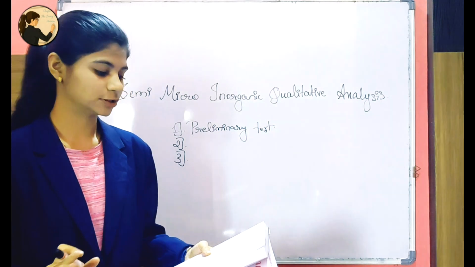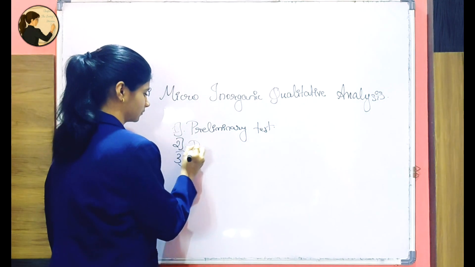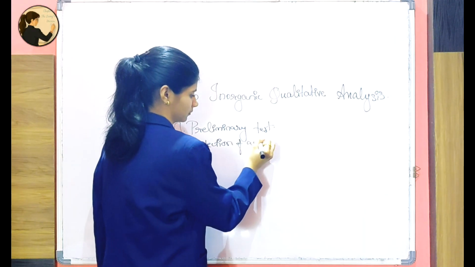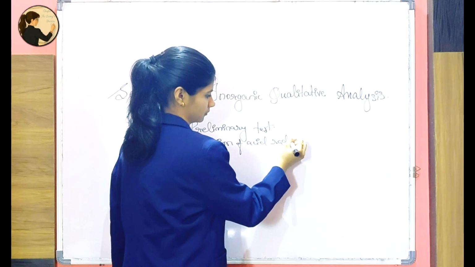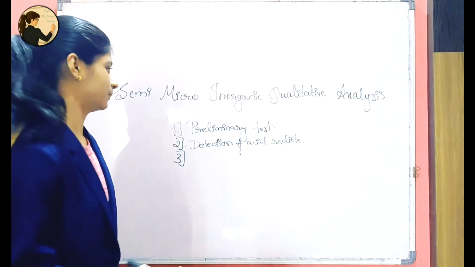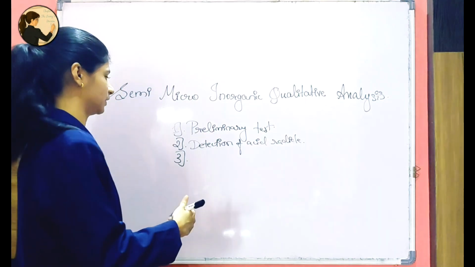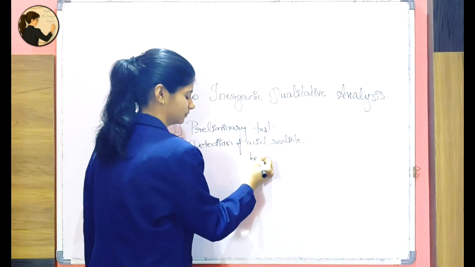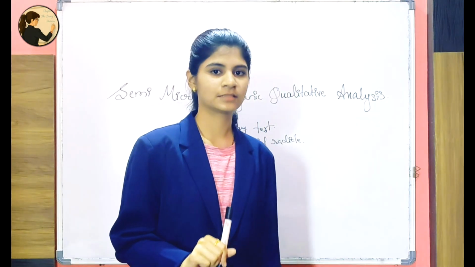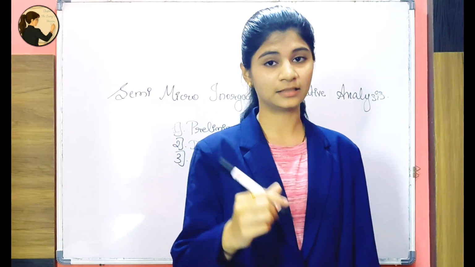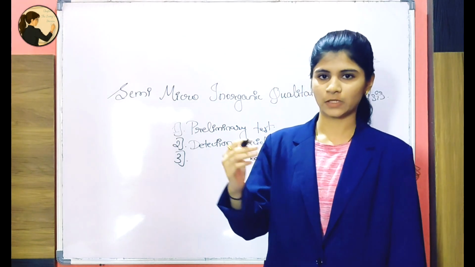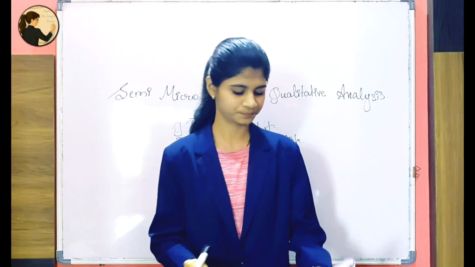Then next you will get detection of acid radical, which is also very important. After that, detection of basic radical. So first you do the preliminary test, then detection of acid radical, then detection of basic radical. Let us go into detail on how to do it step by step.